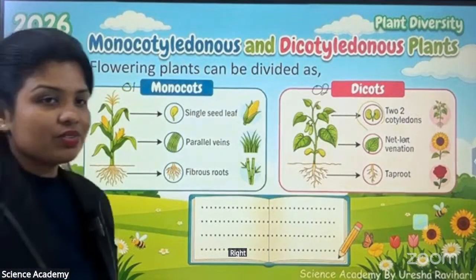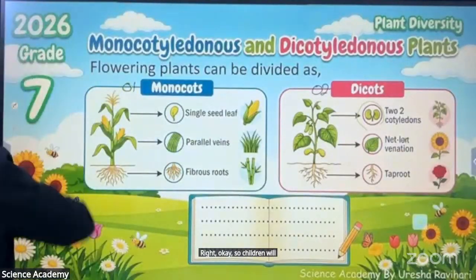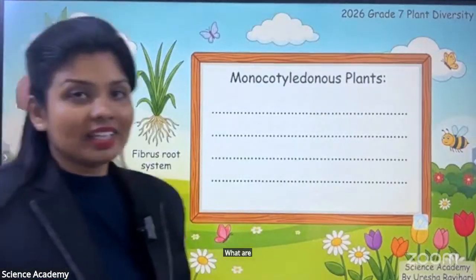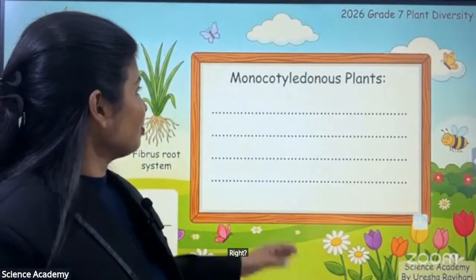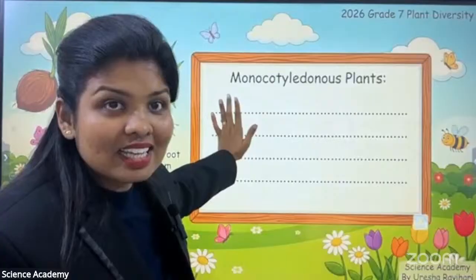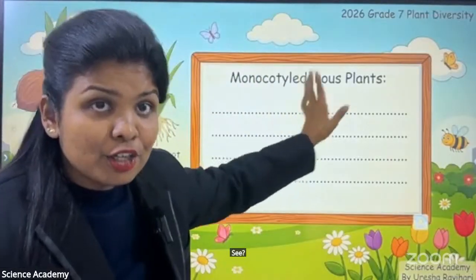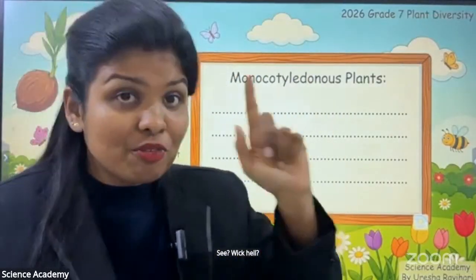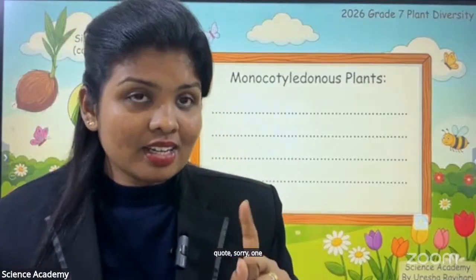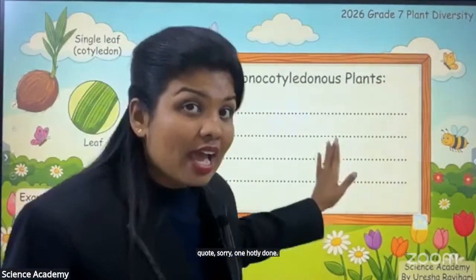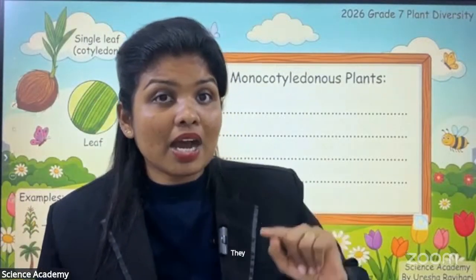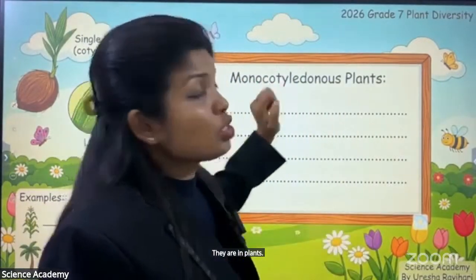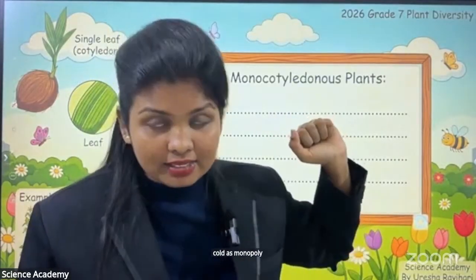We'll move on to the next. What are monocotyledonous plants? Seeds which have one cotyledon, the seed-bearing plants with one cotyledon in the seed, are called monocotyledonous plants.